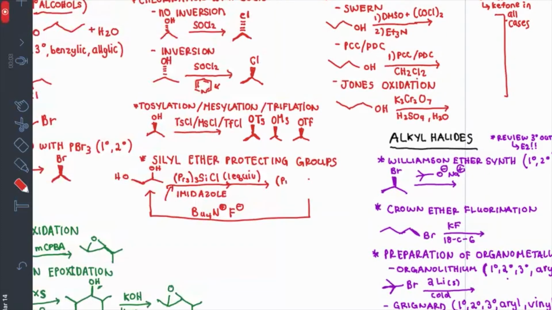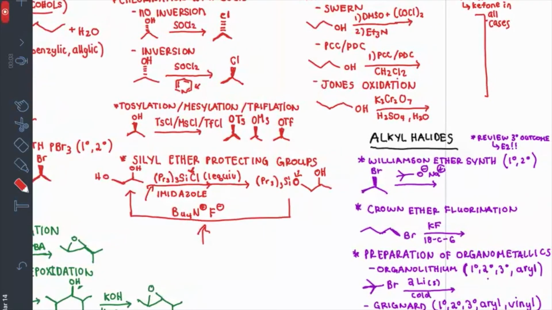And we get this molecule right here, to replace the chlorine with an oxygen. And then you can do the reverse reaction, because remember this is a protecting group, and then you just use Bu4NF and you get your original alcohol.